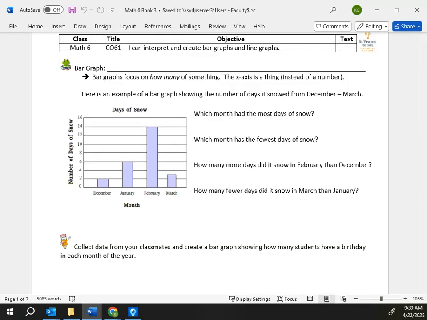So you're going to want to write for 61 the bar graph: how many of something? So the bar graph we use when we want to know how many. You look at those bars, you can see which bar is the highest bar. It's easy to read. Okay, so the bar graph is how many of something.